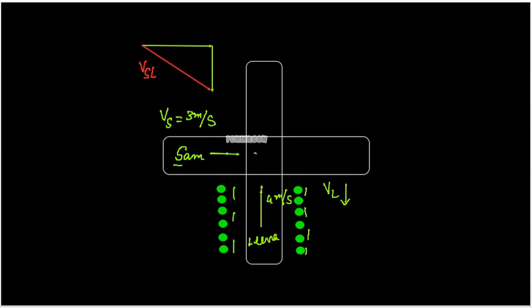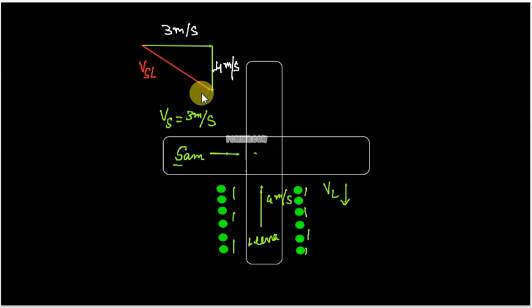So if we look at it, we find that Vs was 3 meters per second towards the right, and the velocity of Lena individually was 4 meters per second upwards, but we have taken the negative side of it, that's downwards, so I'll write it as -4.